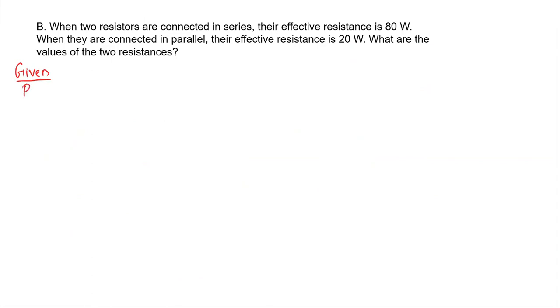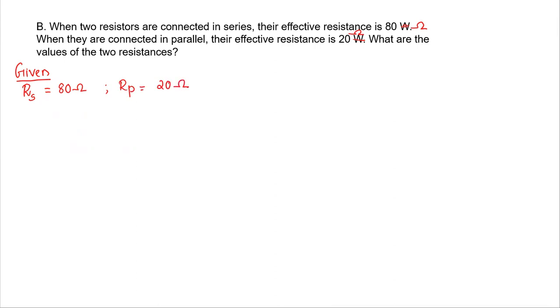Effective resistance in series we are denoting by RS. So RS is given, 80 ohm. When they are connected in parallel, their effective resistance is 20 ohm. That means RP, their effective resistance, is 20 ohm.